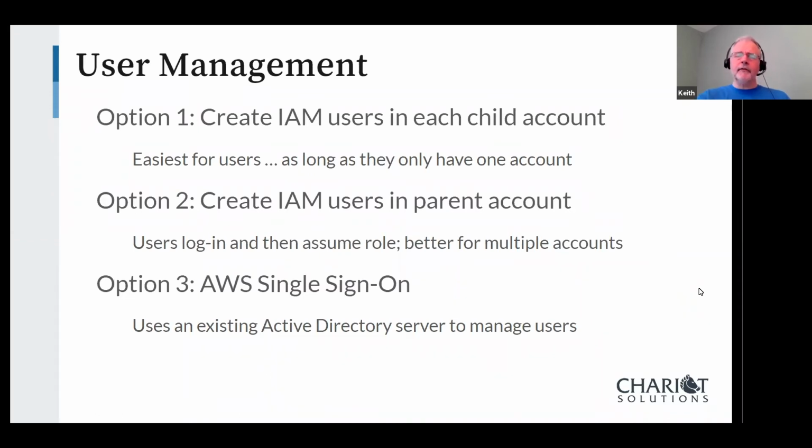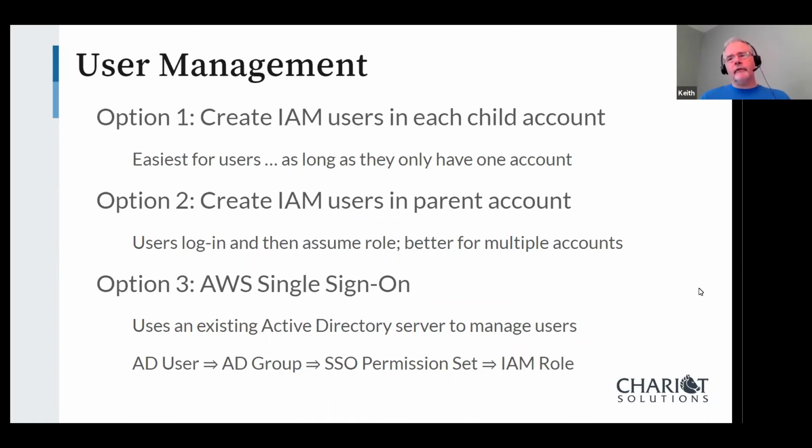So it becomes a lot easier for users and has another big benefit I'll talk about in a little bit. It is a little bit more complex. So you have an Active Directory user is part of an Active Directory group, which is associated with a single sign-on permission set, which ultimately turns into an IAM role that you assume in the child account.